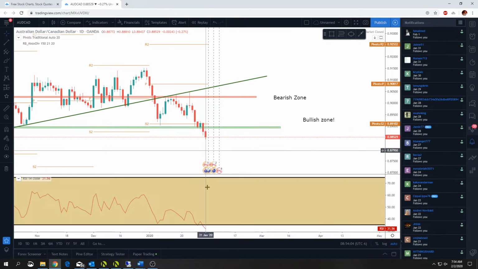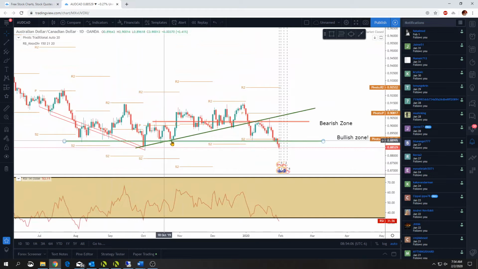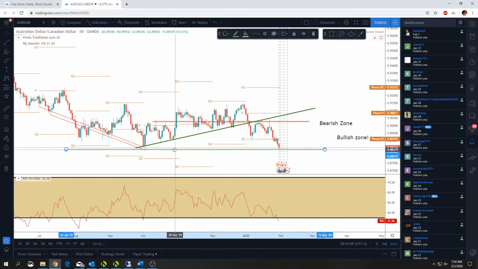but now you can see we've clearly broke that support line. And now if we take our little bullish zone and we put it all the way to the bottom here, the last time we saw this divergence, that way we could see it. You can see price is almost there now.